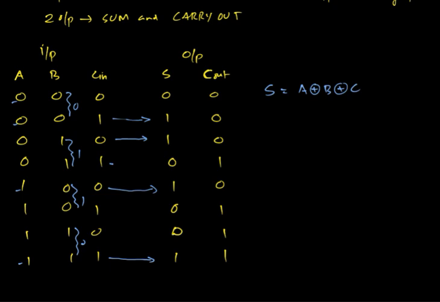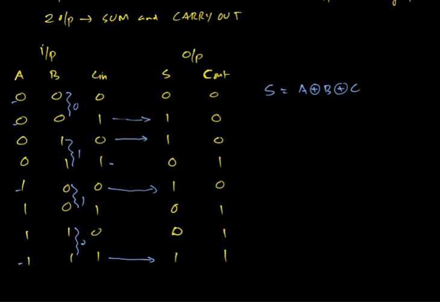Now when this A exclusive OR B is taken with exclusive OR operation with C, then 0 with 0 will give 0, 0 exclusive OR with 1 will give 1, 1 with 0 will give 1, and 1 with 1 will give 0, then 1 with 0 will give 1, 1 with 1 will give 0, then 0 with 0 will give 0, and 0 with 1 will give 1.